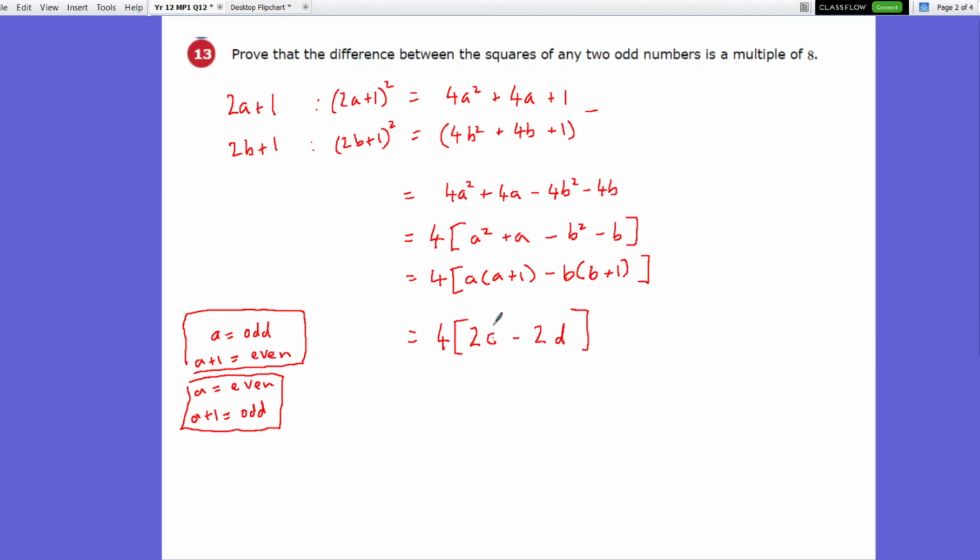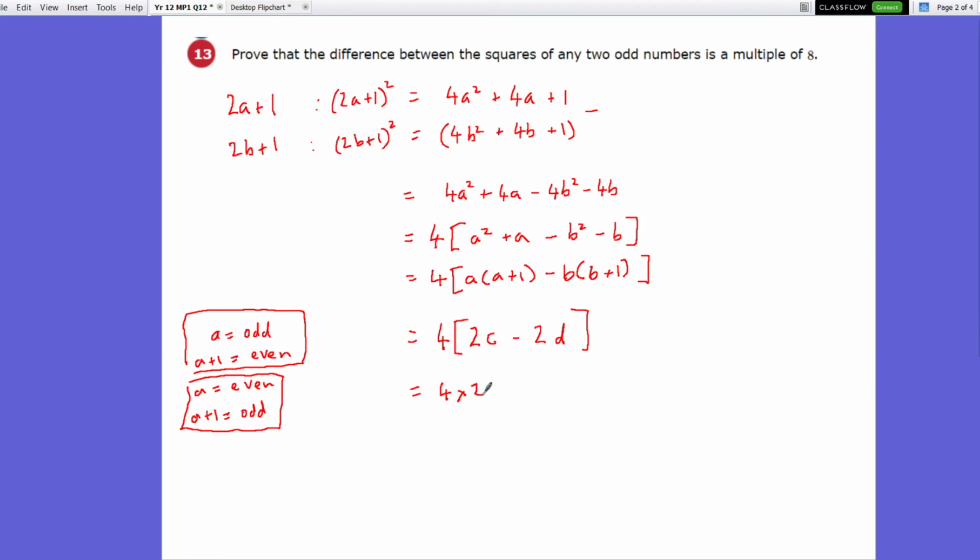Okay, so we're going to end up with an even here and an even here. So 2c, 2 times some integer value, minus 2 times some other integer value here. Either way, you're going to end up with a multiple of 2 in this bracket. So if we took that multiple of 2 out, we've already got a 4.